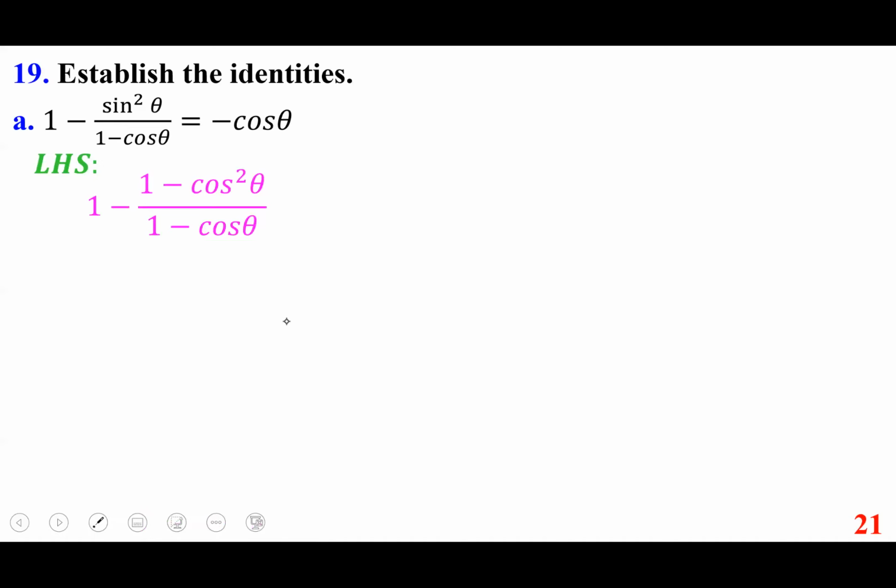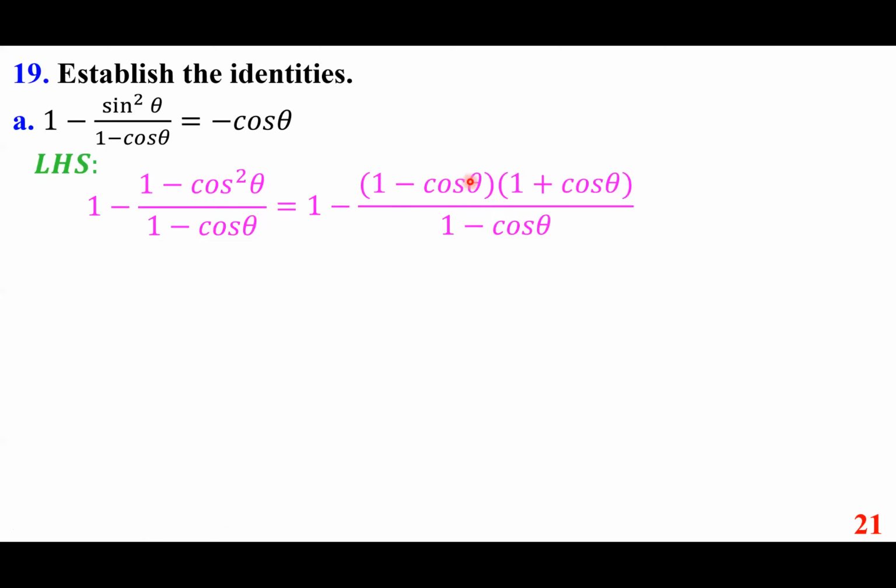And factor it into 1 minus cosine, 1 plus cosine. Obviously, 1 minus cosine cancels out 1 minus cosine, and we apply the negative sign. We get 1 minus 1 plus cosine theta.